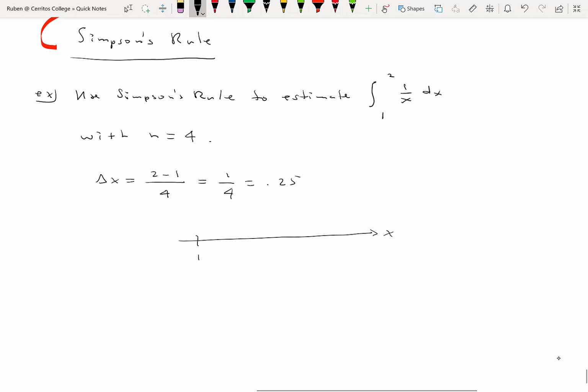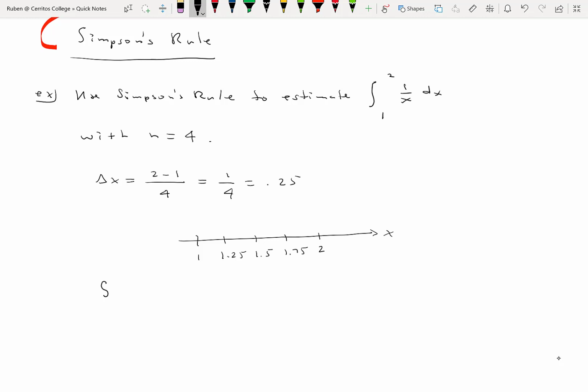Delta x is 0.25, so x sub 1 is 1.25. x sub 2 is 0.25 away from that, so 1.5. 1.75 for x sub 3, and 2 for x sub 4.